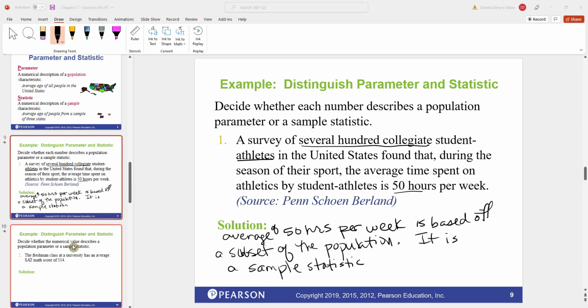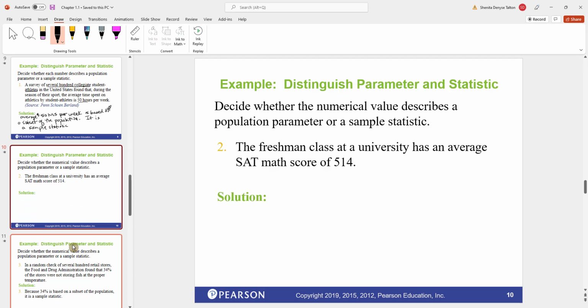Right, let's look at the next example. The freshman class at a university has an average SAT math score of 514.